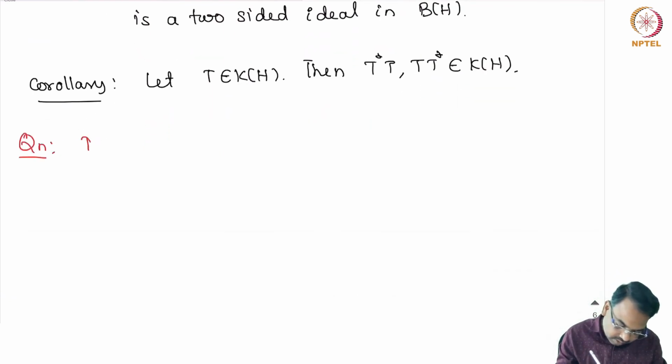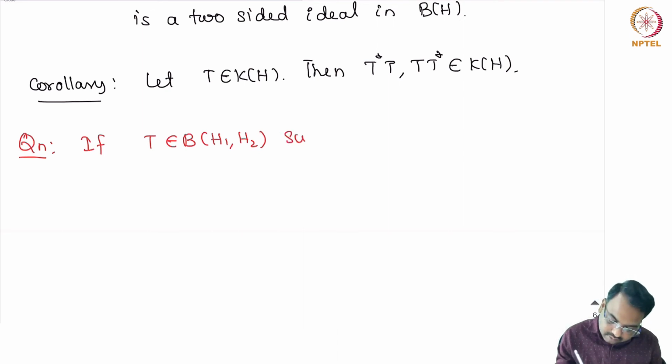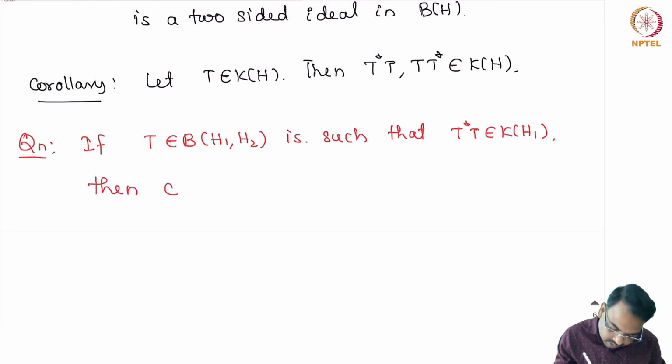Question: if T is a bounded operator from H1 into H2 such that T star T, which is a map from H1 into H1, is in K of H1, then can we say that T is compact?